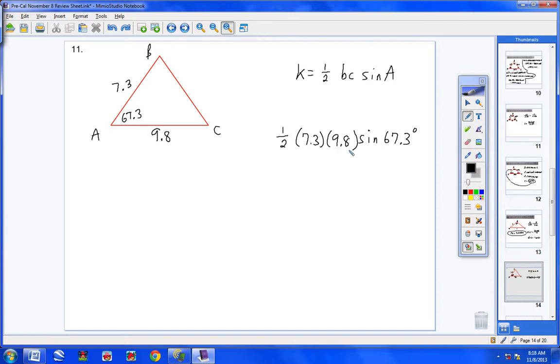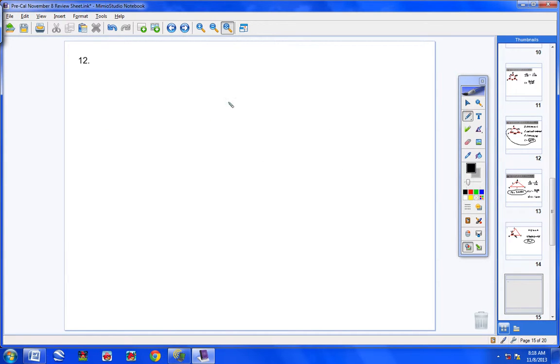So let me very quickly grab my calculator. If I type all of this in, and notice all of your measurements were in meters, you're going to get out approximately 33 and its area, so we're going to say meters squared. 33 meters squared. So there's the area of that triangle.